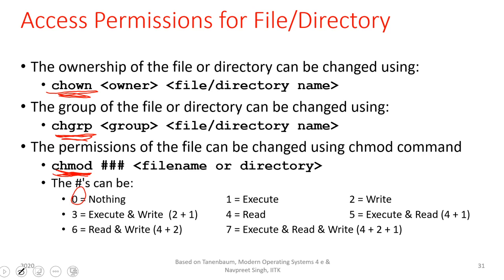By changing these numbers, we can say what they can do: 0 means they don't have any permission, 4 means they can read, and there are values for execute and for read and write. This is for owner, group, and user. So we will use them in that order, and we can change who is the owner, who is the group, and the particular permissions there.